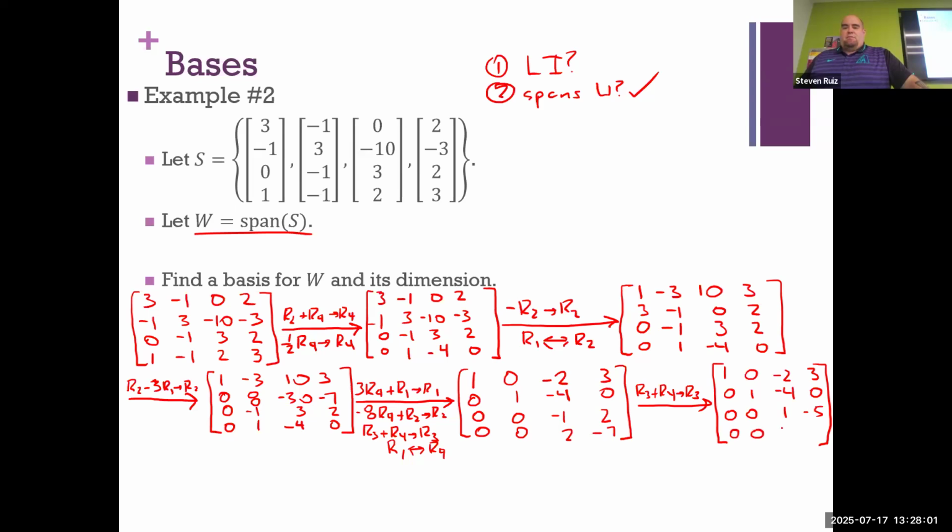And then 0, 0, 2, negative 7. Row 1 plus row 4 and put that where? Okay. You caught it. Why is it a bad idea? It's got a 1. Yeah, it's going to undo something we've already done.